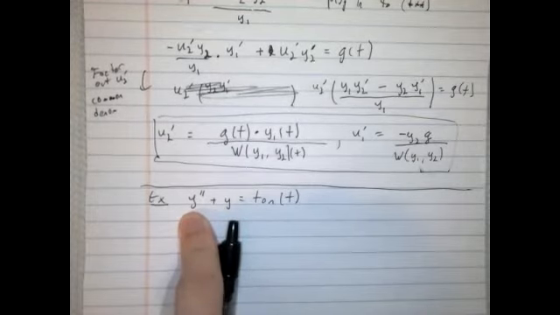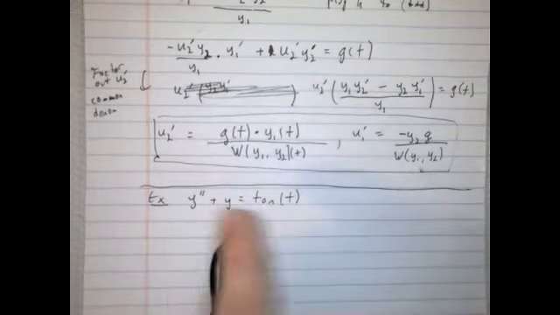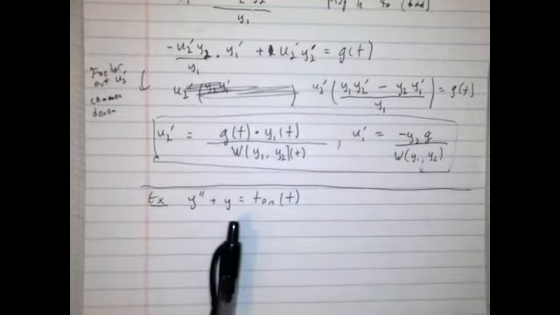It's going to be something terrible. And I also don't have a good way of thinking about antiderivatives of tangent. I don't know a function which is the second antiderivative of tangent.